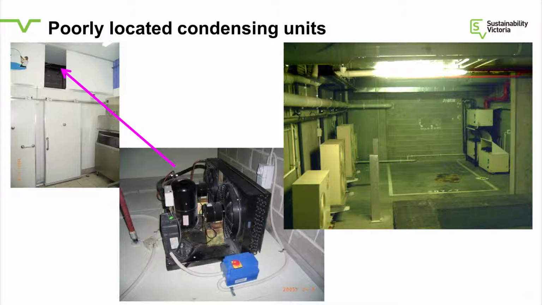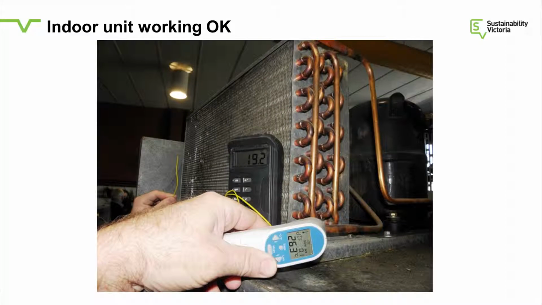But just to show the impact that this has on energy use, I've done a few measurements using my trusty infrared gun again. So what I've measured there on this picture, you can see someone was helping me on the left, holding an air on temperature sensor. So that's the air within that space. So this was a small condensing unit in a big market hall. So plenty of air. And you can see the air on temperature was 19 degrees.